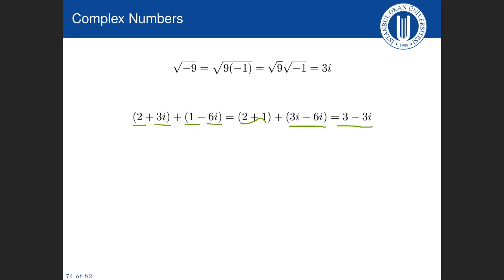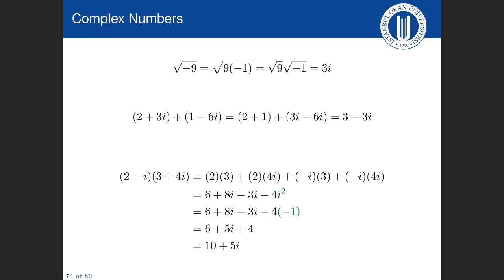Very easy. Likewise, we can multiply two complex numbers together in the obvious way. 2 minus i multiplied by 3 plus i. Just as if we were doing a plus b multiplied by c plus d, we just multiply out the bracket. So first numbers, 2 and 3, multiply them together. And then multiply first by second, 2 multiplied by i, and then second by first, minus i multiplied by 3.